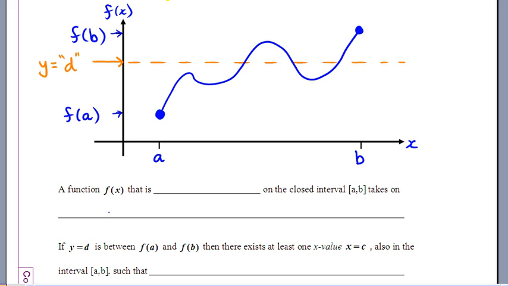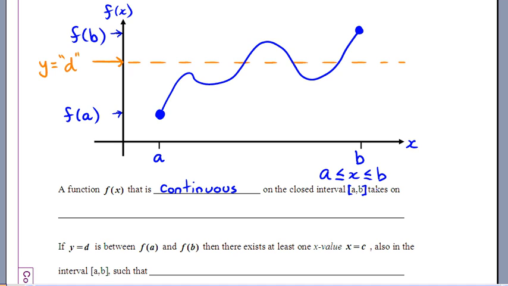So the rule might be written like this: a function f of x that is continuous. There's no guarantee if it's not continuous, but if it's continuous on some closed interval from a to b, these little square brackets are a shorthand way of saying a is less than or equal to x is less than or equal to b. That's all that means.